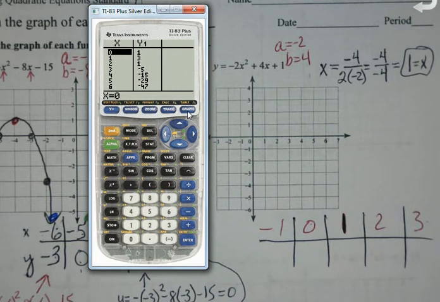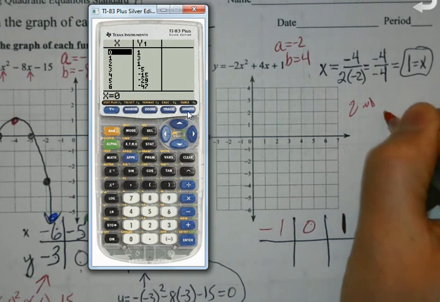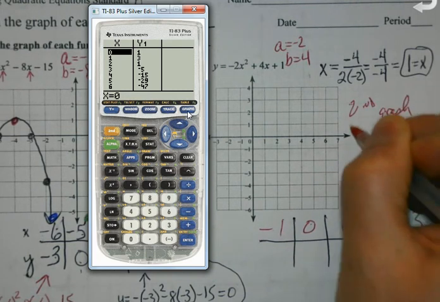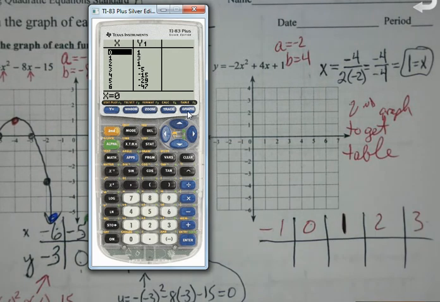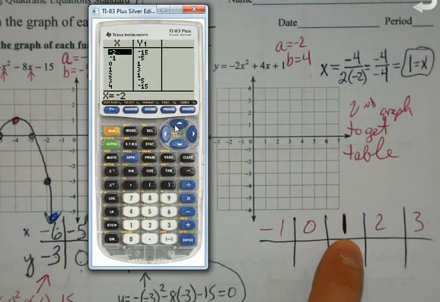So second and graph, when I get to this point, I'll even put that in here. Second graph to get the table. And all I have to do at this point is make sure my vertex value, my x, is in the middle.